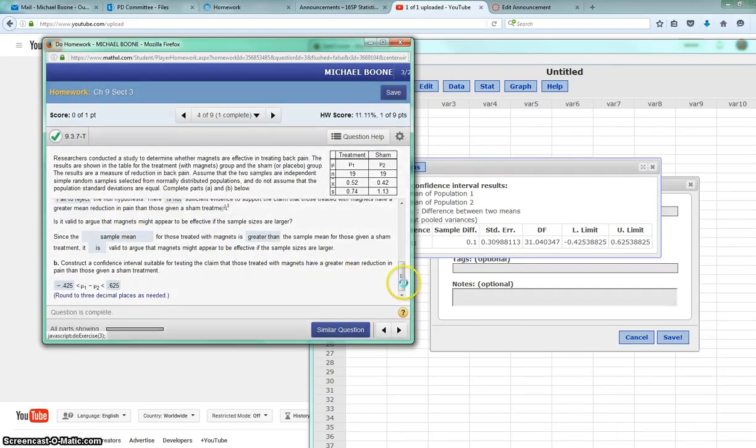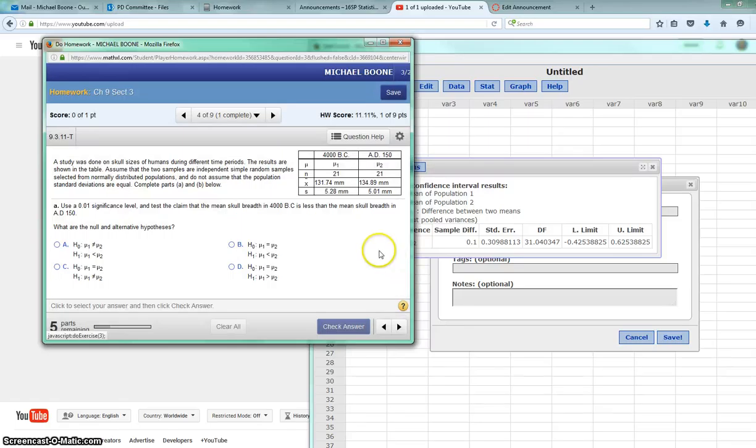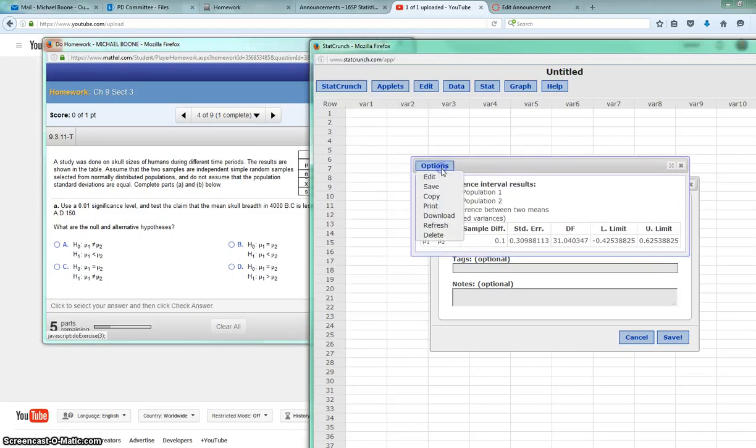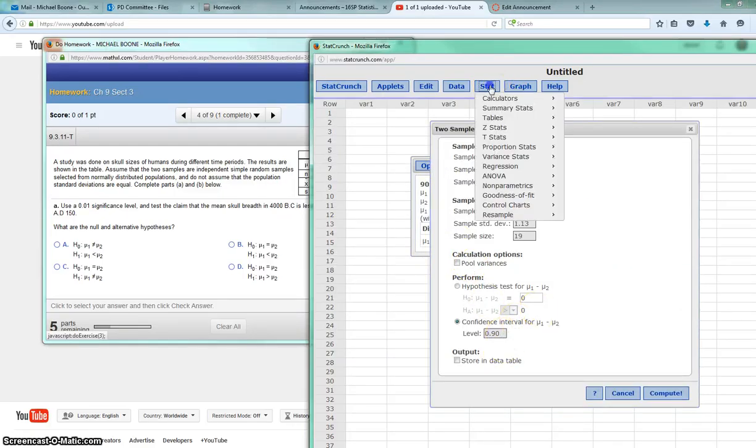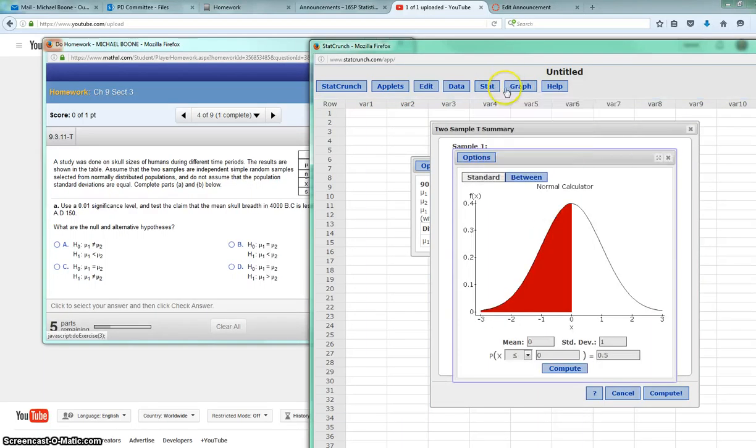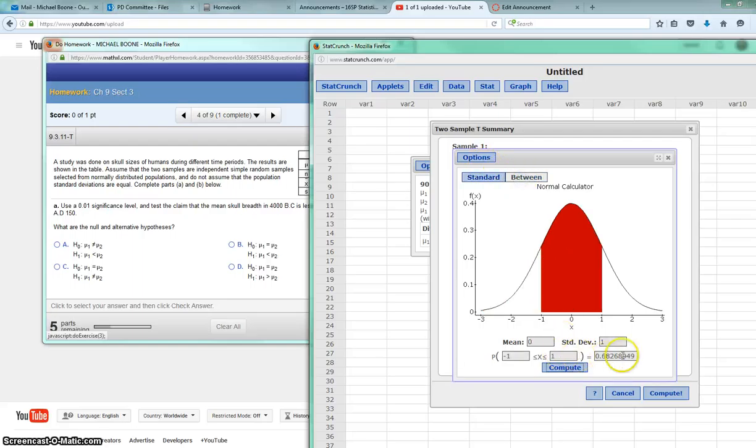So since our alpha was 5%, and we were looking at one tail, we would have to change that to 90%, because if you think of your normal curve, or our T curve, whichever we're looking at, if I'm just at 5%, that gives me 2.5 over here and 2.5 over here.